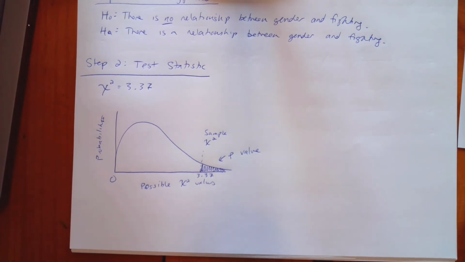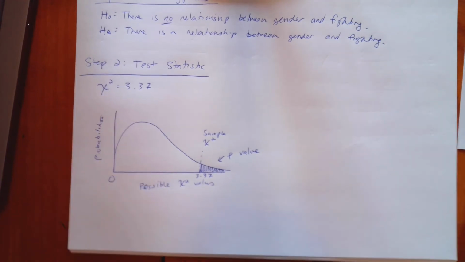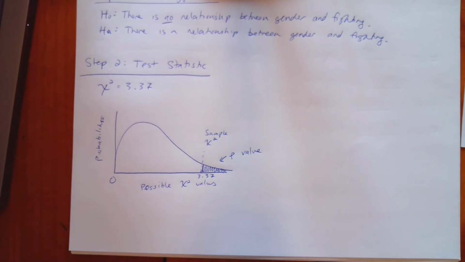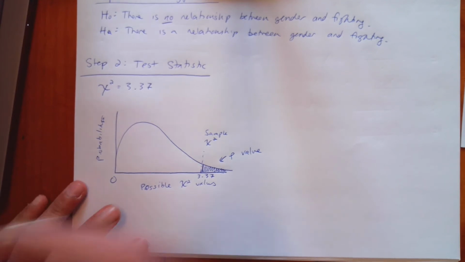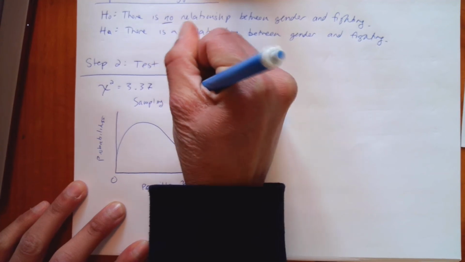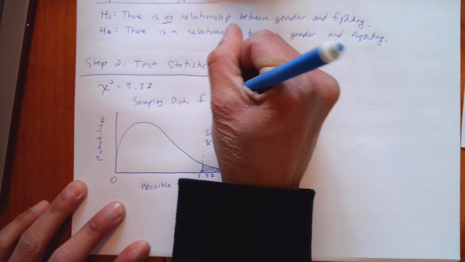And again, where our test statistic lands on this sampling distribution, this distribution of possible chi-square values you can get in a sample and the probability of getting each one, is going to tell you how likely or unlikely your sample results are in a world where the null hypothesis is true. So as usual, this is a sampling distribution if the null hypothesis is true.